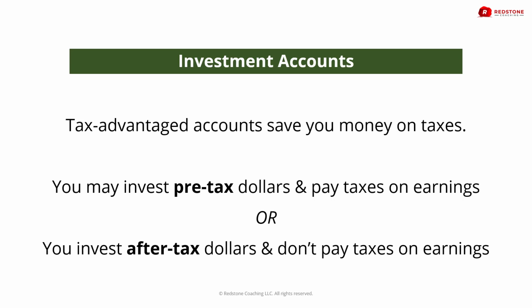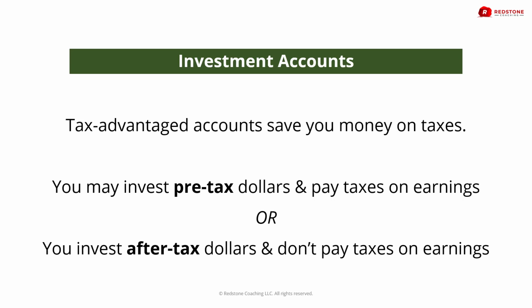But the other option is you pay taxes on your income now, you invest after-tax dollars, which means that later on, as you earn money over 1 year, 2 year, 5 year, 10 year, 20 year, 30 year, 50 year, whatever, when you pull that money out, you do not have to pay taxes on your earnings. So again, there's two options for tax advantaged accounts.